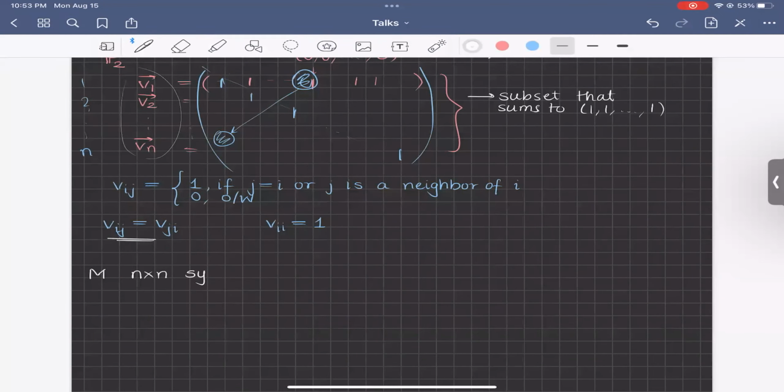Let M be an n cross n symmetric matrix with 0, 1 entries, and 1 on the diagonals.